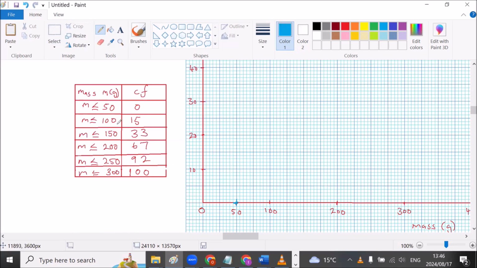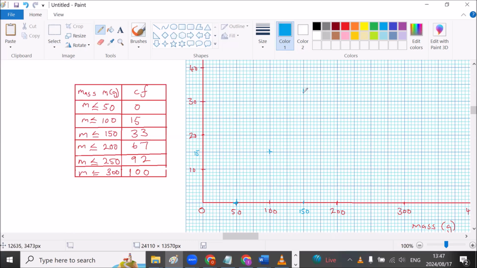For our mass of 100, we have 15 apples. So 15 is here, 100 is there where they meet. That's our point. For a mass of 150, we have 33 apples. So 33 apples weigh up to 150 grams.